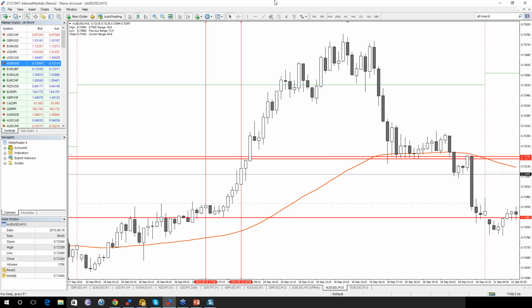So there are a couple of ways to place your stops. If you see that it's going in your direction, you try to secure the profits immediately by moving your trade to break even, and if there is really a strong breakout, you will get a lot of pips indeed.